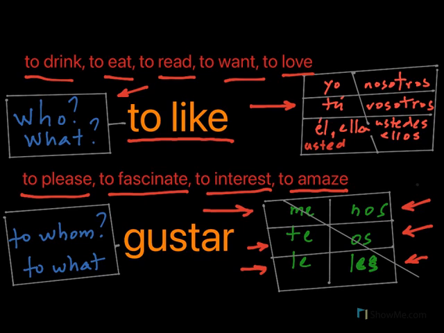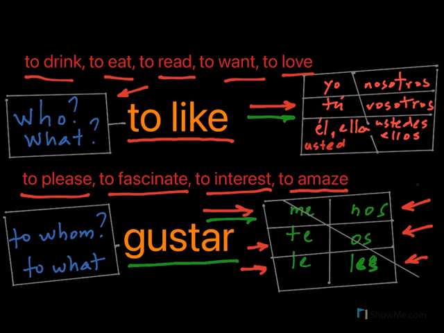So, note, if this one was I, you, she, he, you, sir, you, madam, we, y'all, they, in this case, it will be to me, to you, to him, to her, to us, to you plural, to them. And gustar in Spanish belongs to this group and not to the first one, hence the confusion.